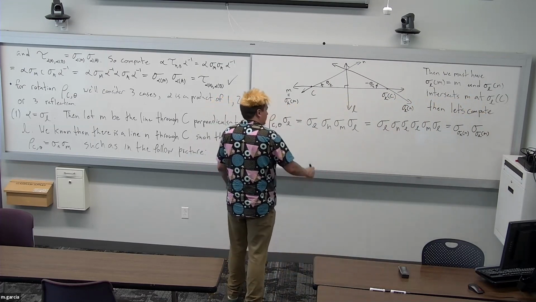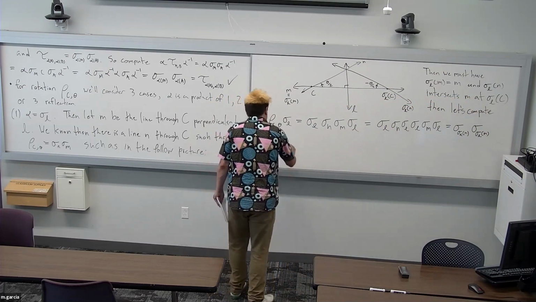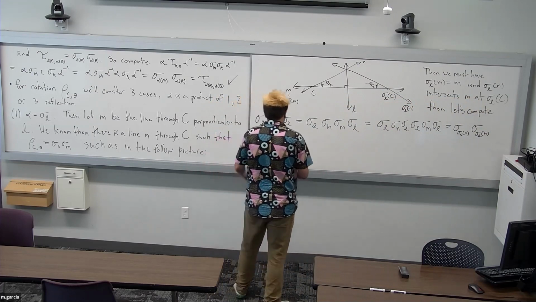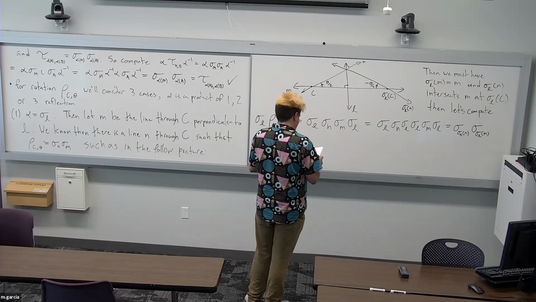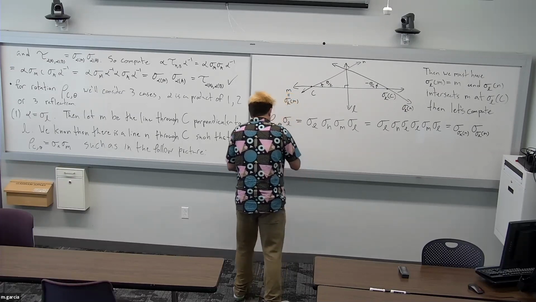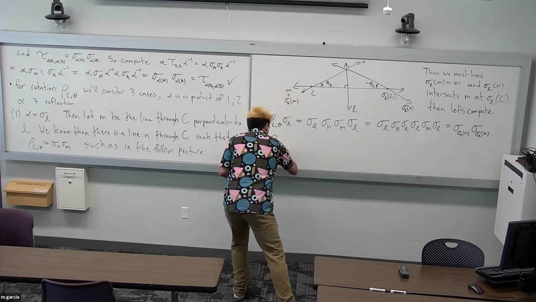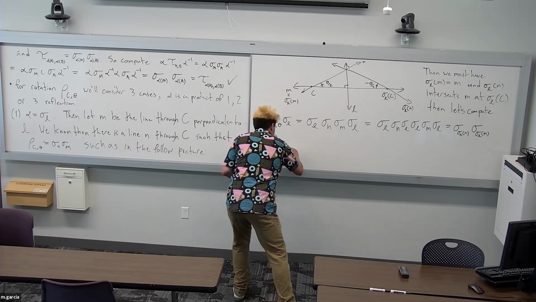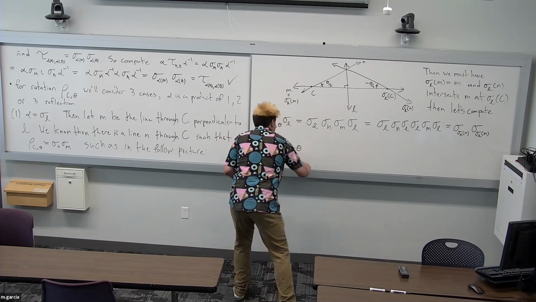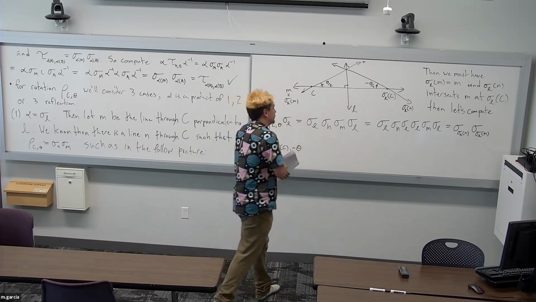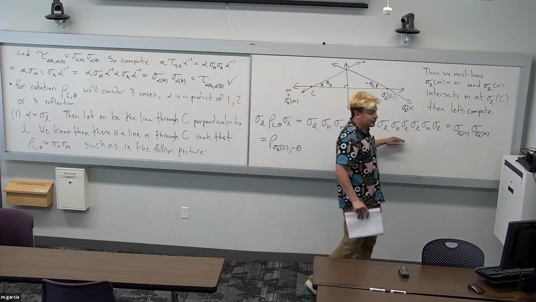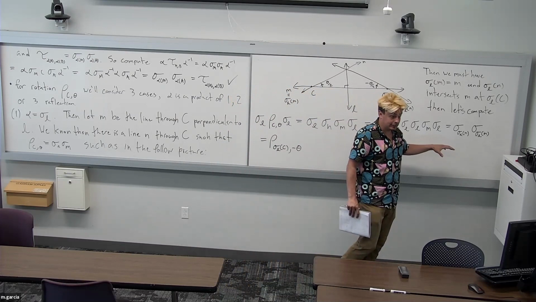Okay? Which is equal to rho sub sigma sub L of C, comma, negative theta. Again, there's no way from just computing you can see the negative sign.